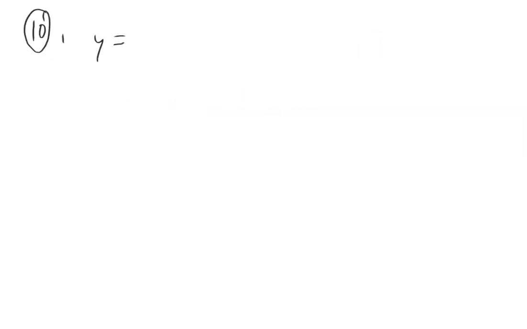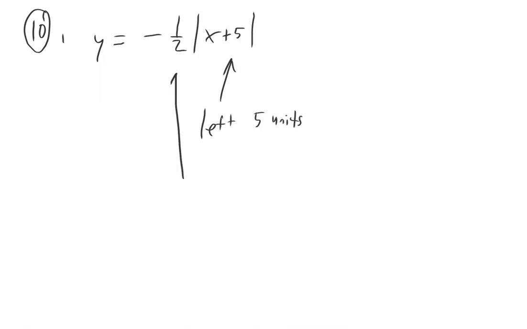So 10 says y equals -1/2 absolute value of x plus 5. So first of all, this is a shift 5 units left. And then this is a vertical stretch or shrink of 1/2.